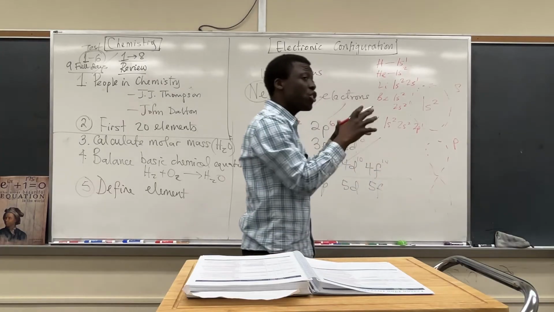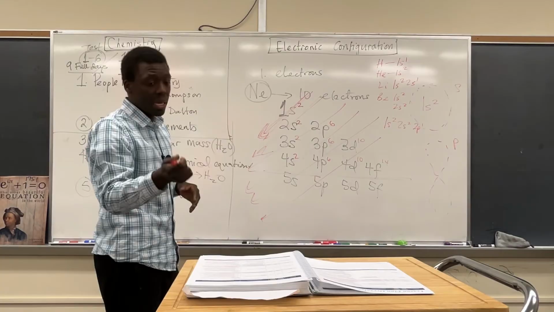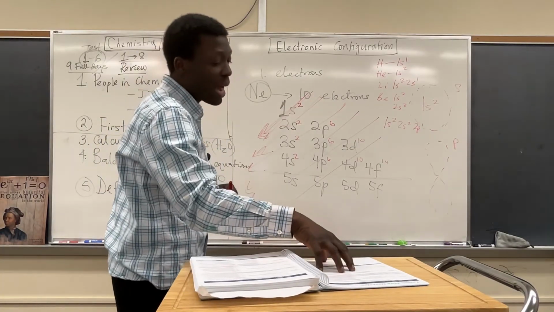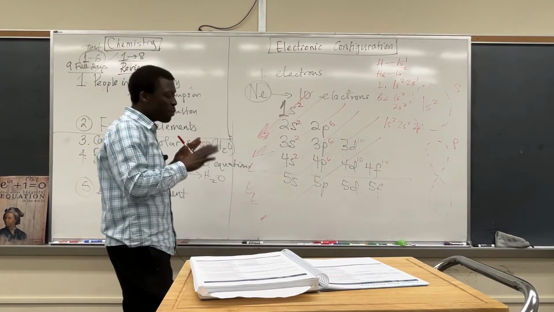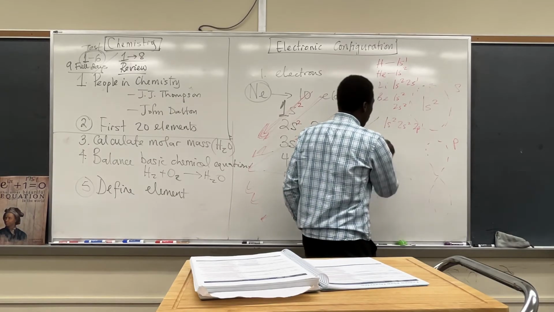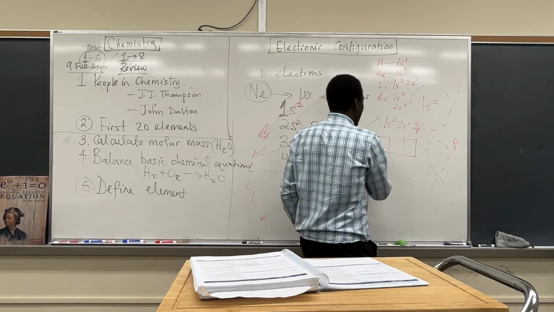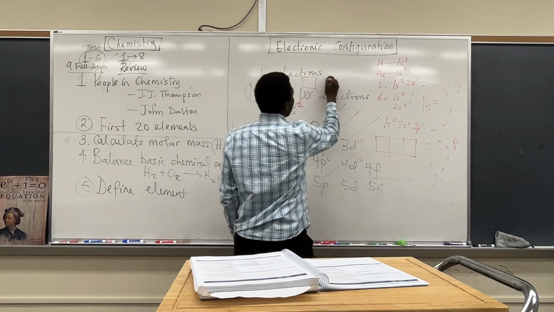Now, your textbook describes this in more detail. This would be a good time to read that section in the textbook because it will explain some of the principles in chapter 5 that govern how this is done. The other picture that helps with all of this is when we talk about the Pauli exclusion principle and we start drawing these little boxes here. And we draw electron configurations like this.